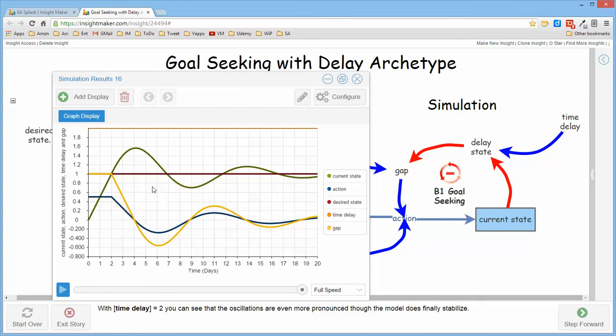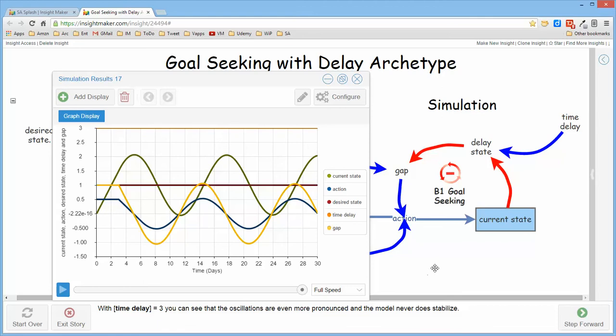Now, the extent to which this overshoot happens has a lot to do with the value of the action factor, how intently one is attempting to reach the goal. And later, when you actually interact with this model and change these values, you will get a better sense of how the various factors impact it.